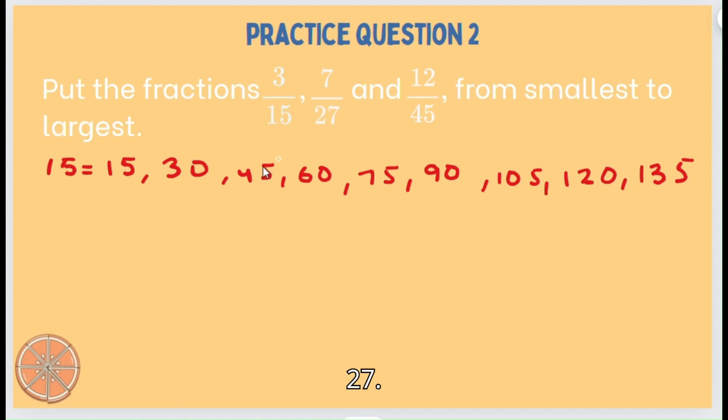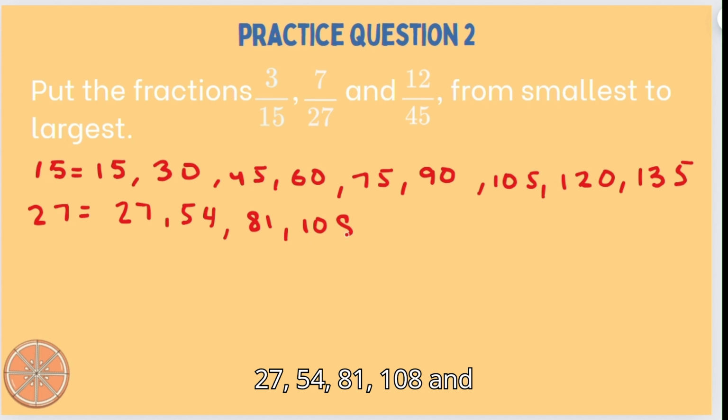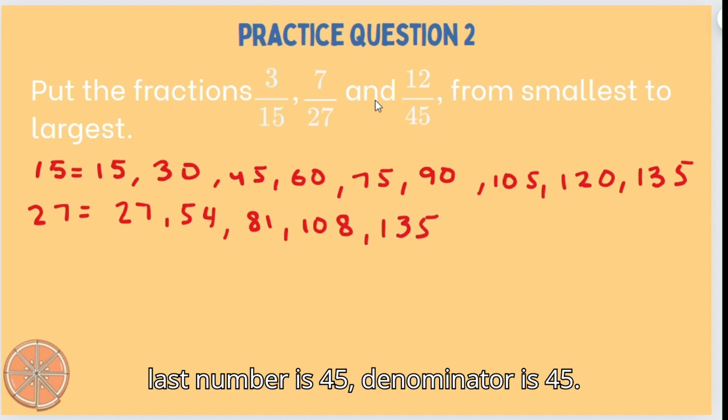Next, my multiples of 27: 27, 54, 81, 108, and 135. My last term is 45, the denominator is 45.